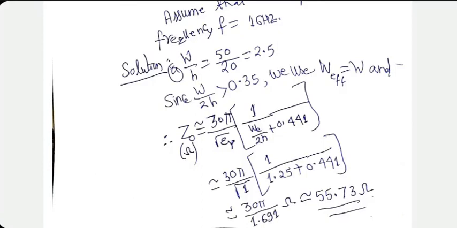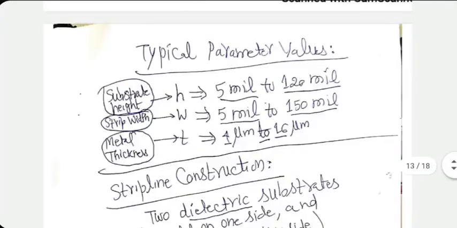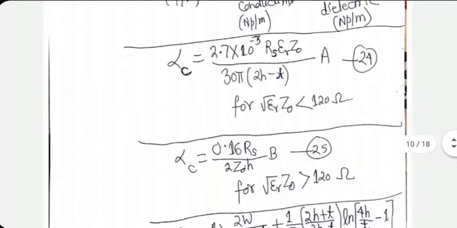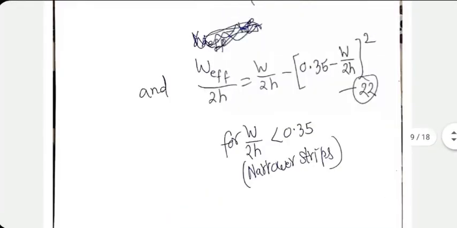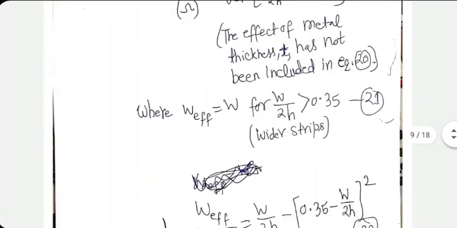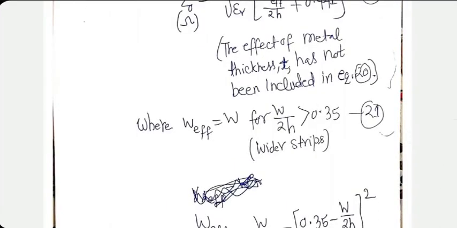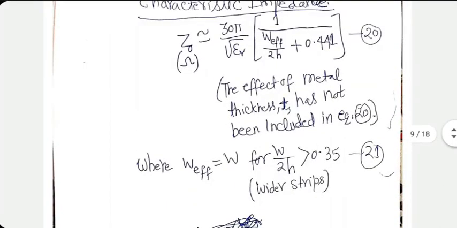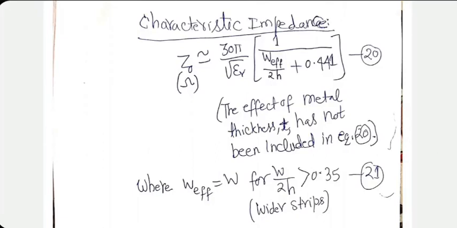So W effective, if you go back to the previous formulas that I showed you, you simply write W here. Let me go back just to clarify the whole thing once again. If W effective by 2H is greater than 0.35, this is the formula we are supposed to use.